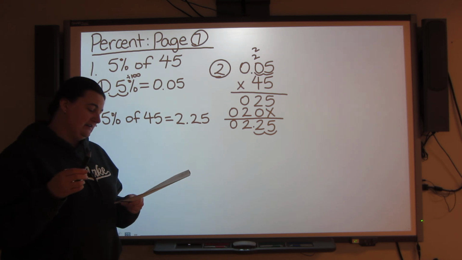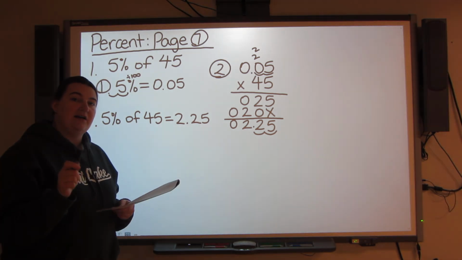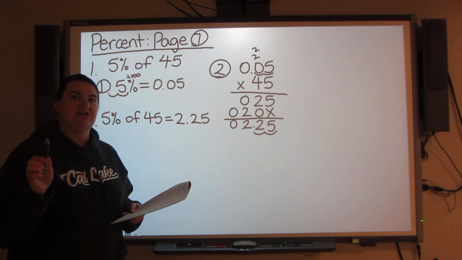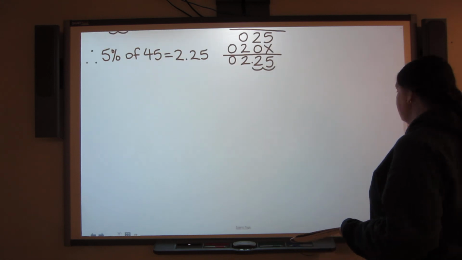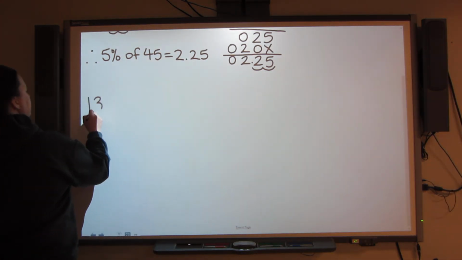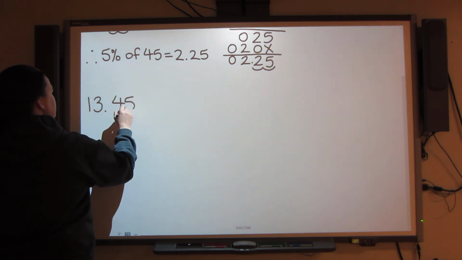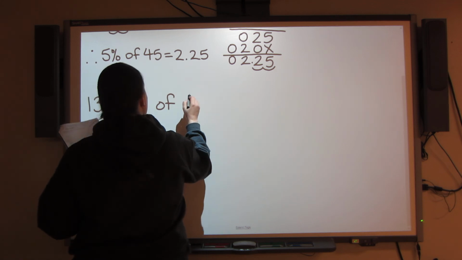13 all the way to 18 are a little bit different because you're dealing with money. So let's talk about how that would change just for these specific examples. Take a look at number 13. I have 45% of $90.